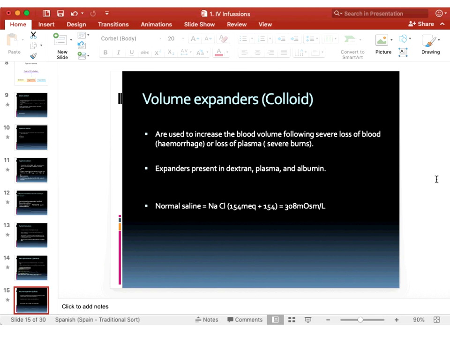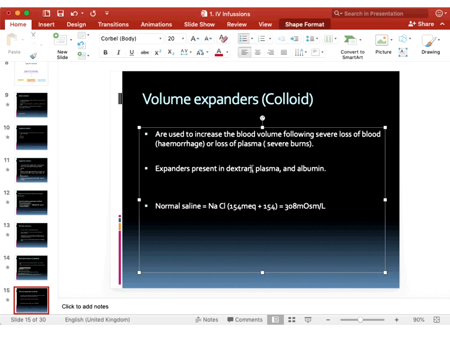But in terms of acute resuscitation, in trauma or sepsis, they made a whole study and found out that the use of volume expanders such as colloids caused acute kidney failure. So now they are forbidden. They are prohibited from use in acute situations.